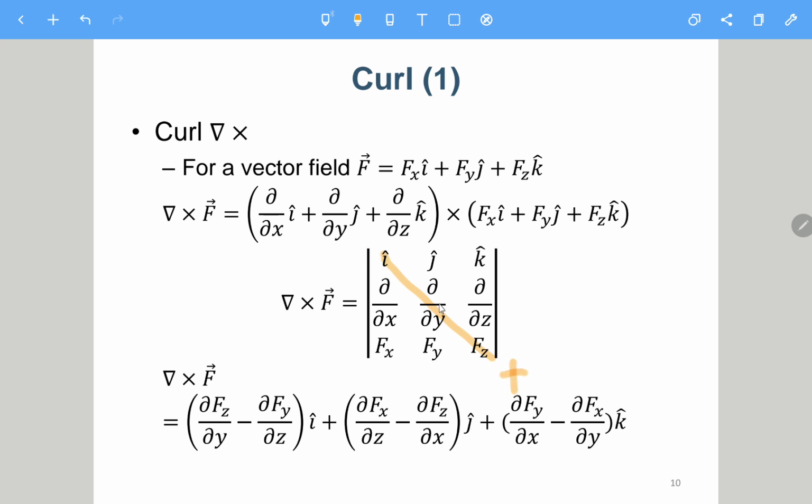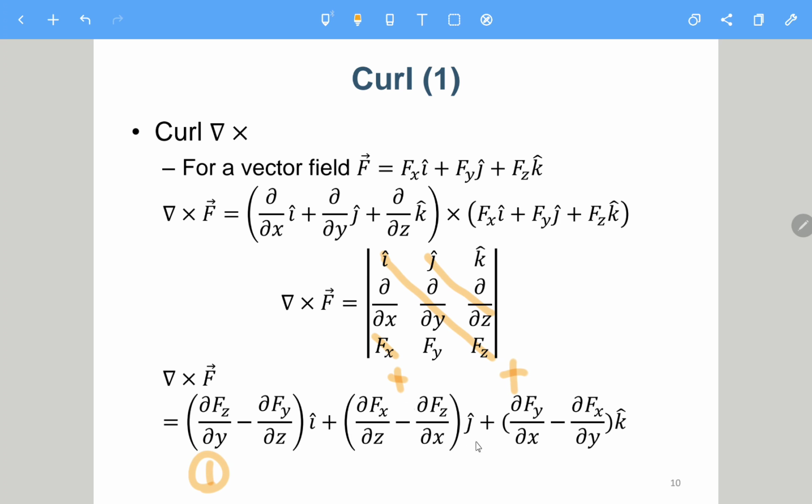And the second one is j hat, partial z fx, also with a positive sign.